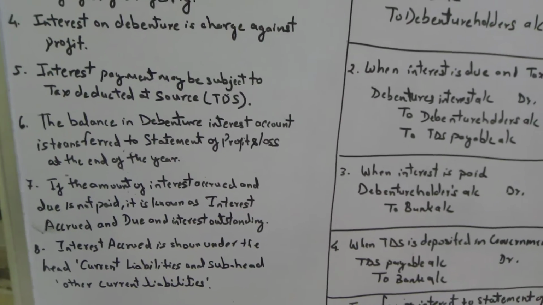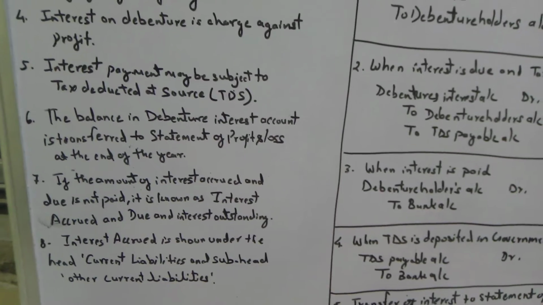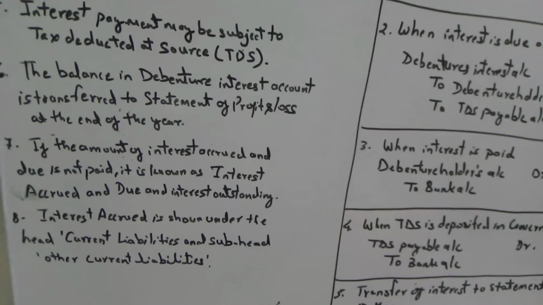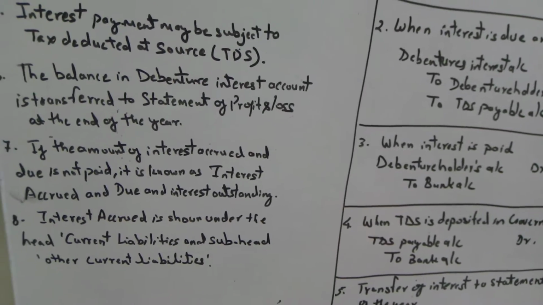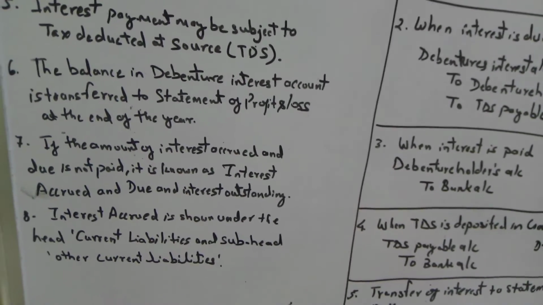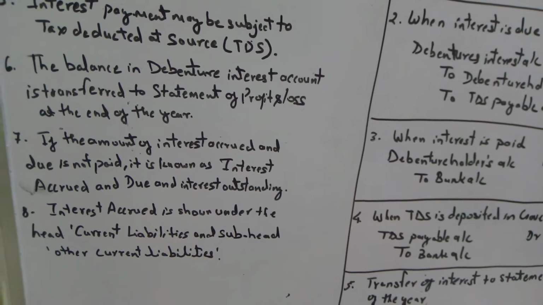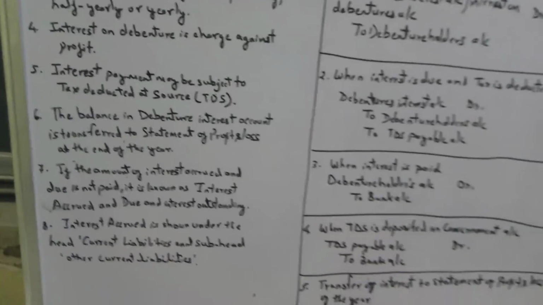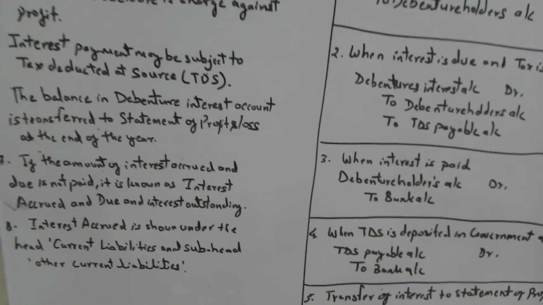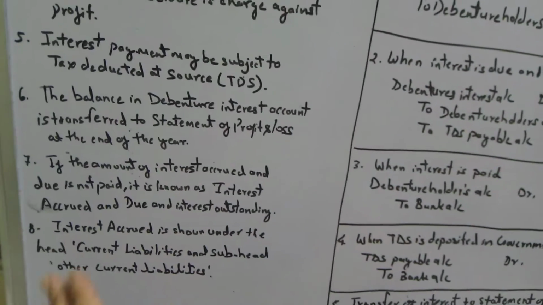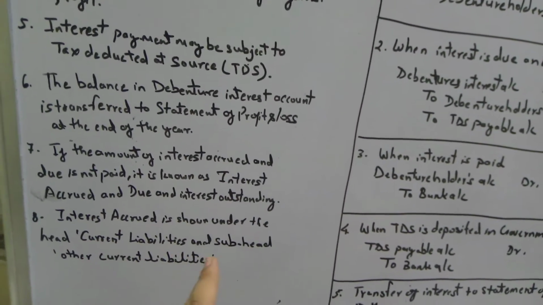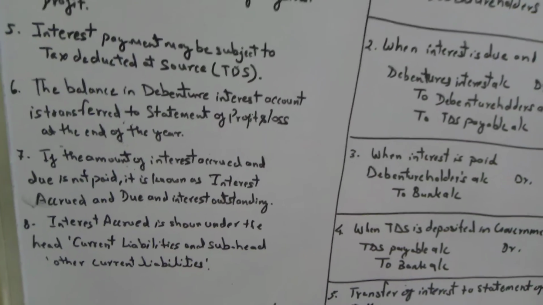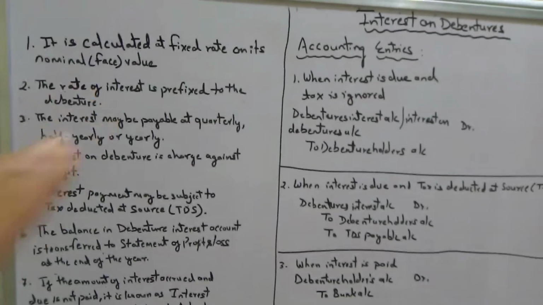If you have not paid the amount which is due, that will become interest accrued and due, or interest outstanding. The last point, interest accrued is shown under the head current liabilities under the subheading other current liabilities. So if your interest has become outstanding, which is yet to be paid, it has to be shown under other current liabilities, that will come under current liabilities on the liabilities side. So these are the basic points regarding interest on debenture.